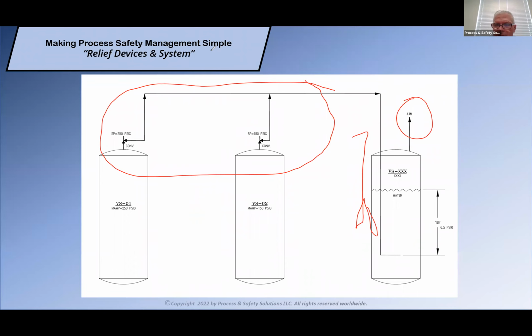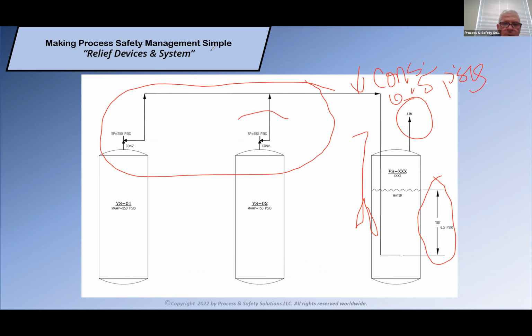In this particular case, I've got 15 feet of water to the bottom of where the material from the reliefs is sparged into the water. So essentially what I've got is 6.5 pounds of back pressure on my system, 6.5 psig, especially if I put a constant purge in here to sweep this out, to make sure that I don't have dead legs, et cetera.